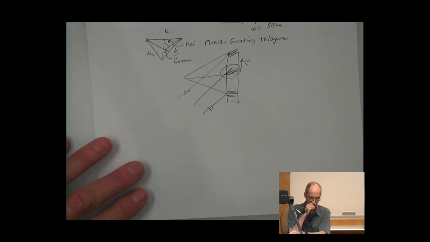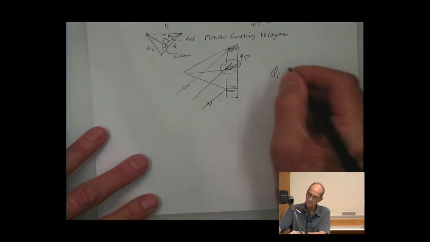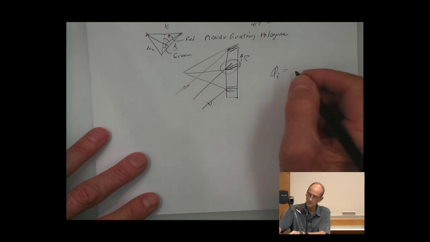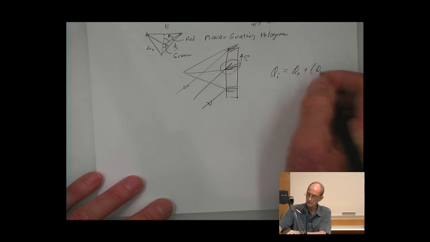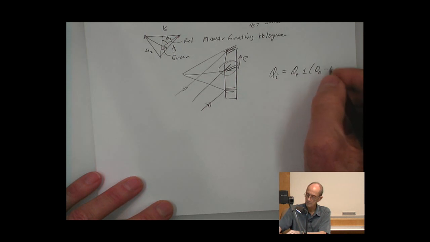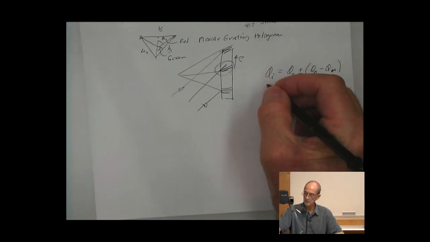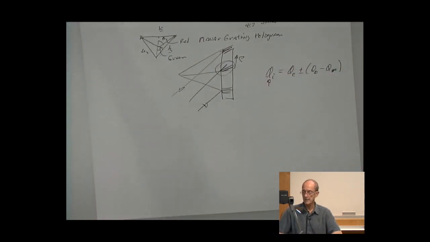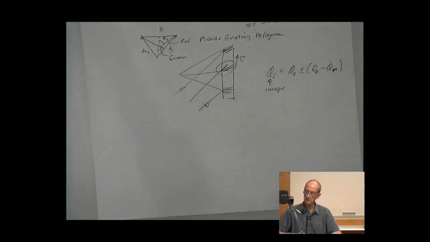All right, so what do you do? Again, we have this sort of phase transformation characteristic of the hologram, where we have our phi O minus phi R. When we illuminate that, we end up with the phase function for the image field that we're trying to generate.